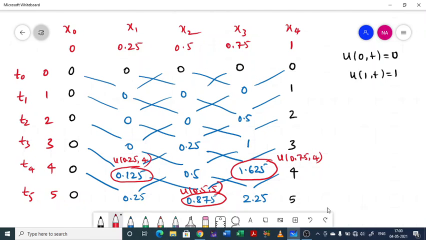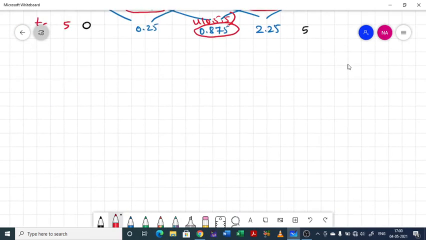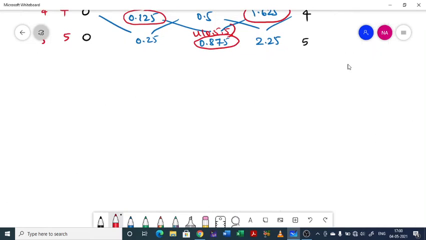So finally I will leave you with an exercise problem. Try to solve this one.